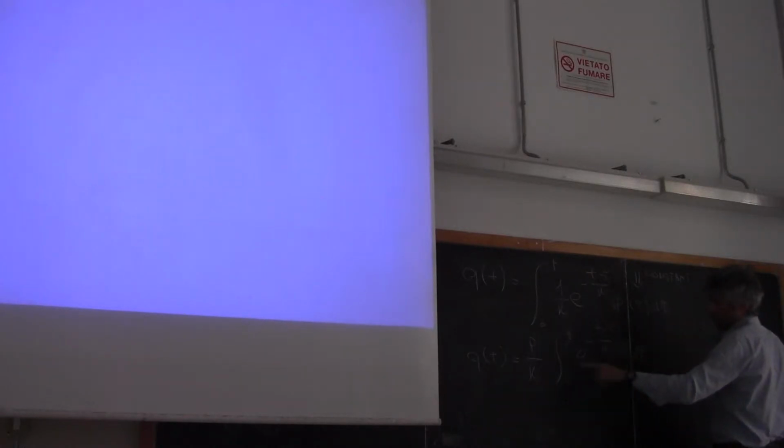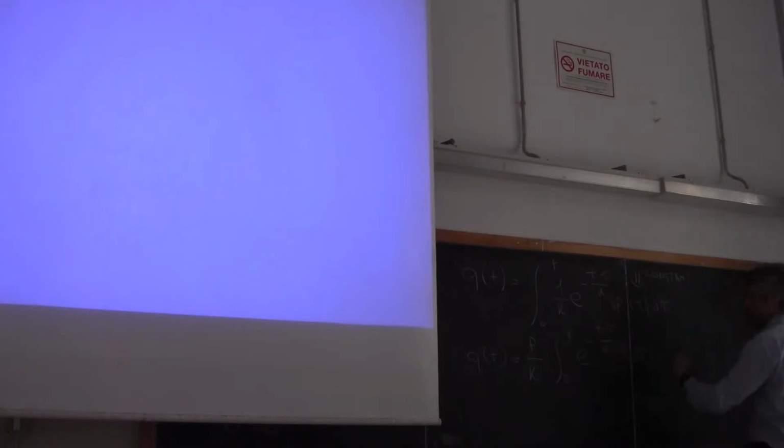First of all, we can write e to the power of minus (t minus tau) over k as a product of two terms. So this is equal to P over k, integral between 0 and t of e to the power of minus t over k times e to the power of tau over k d tau.